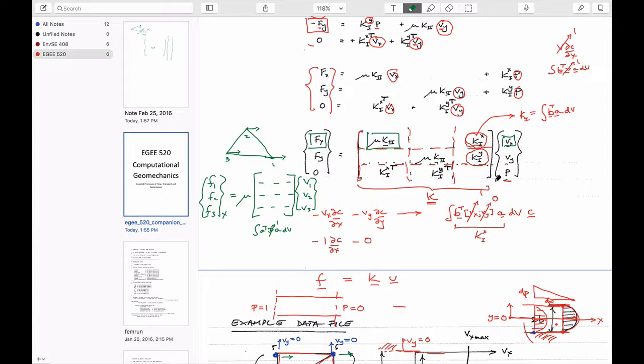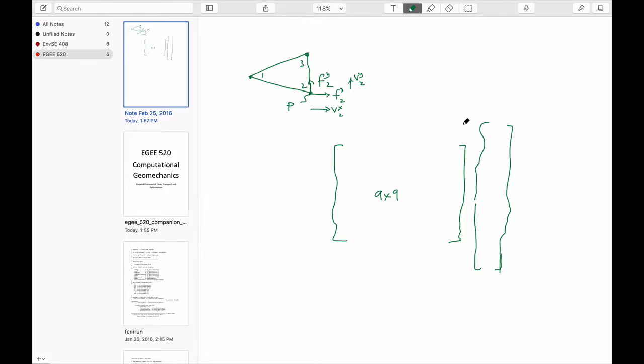But when we solve it in finite element format, we'll localize them at a node. So the first three terms will be for node 1, the second three terms will be for node 2, and the third three terms will be for node 3.